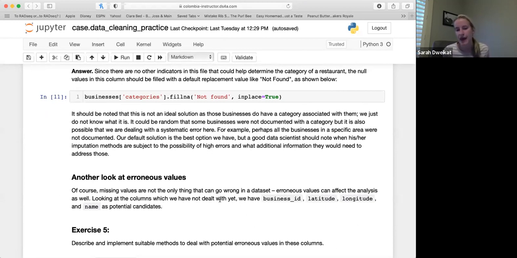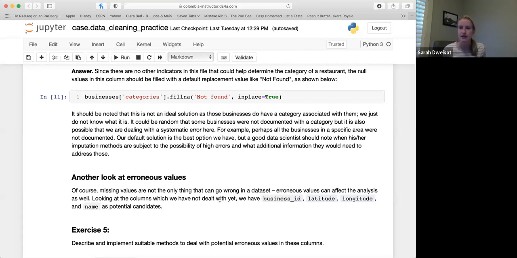We had trouble with that because we didn't have anything to do for business ID, for review ID, for text. That was really hard to figure out. But if we look at our businesses data set, we want to think about business ID, latitude, longitude, and name as candidates for erroneous values.